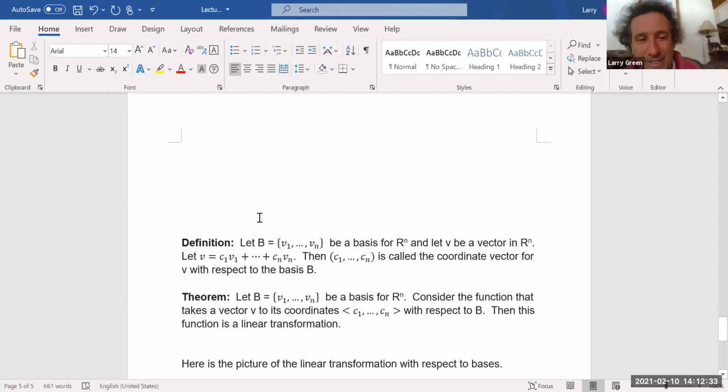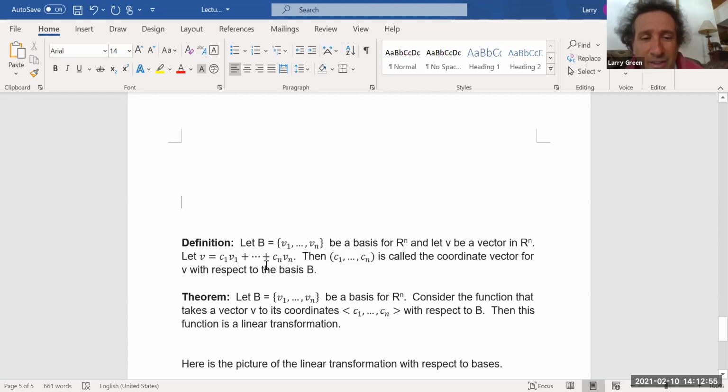So here's the big definition. Let B be a basis, V1 through Vn, for Rn, and let little v be a vector in Rn. Then we always know that v can be written as C1 V1 plus dot dot dot Cn Vn. That's part of being a basis, right? And that's unique, right?